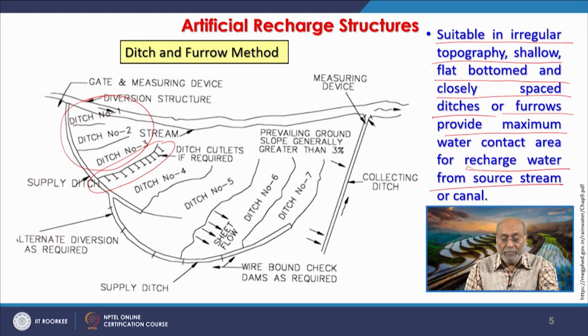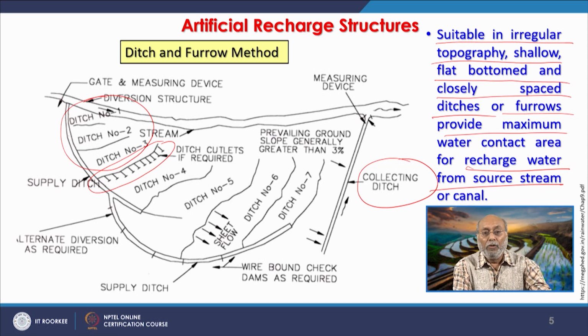And the excess amount can directly go, of course, either to a collecting ditch or to the stream which might be there in a nearby place. So, for flat terrain solutions are there, and for irregular topography and shallow flat bottom areas, again solutions are there.